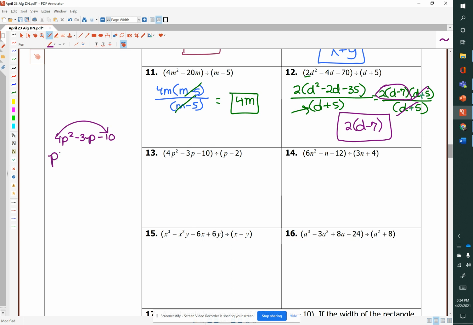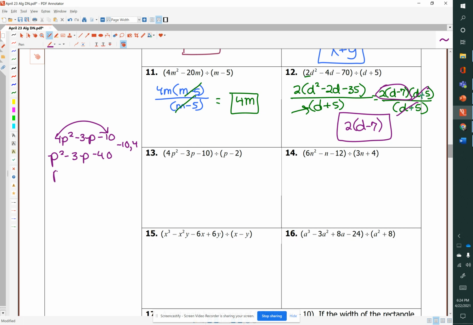So that would be p squared minus 3p minus 40, two numbers that add to negative 3 and multiply to negative 40. So we need a positive and a negative. 10 times 4 will work. So that would be a negative 10 and a positive 4.